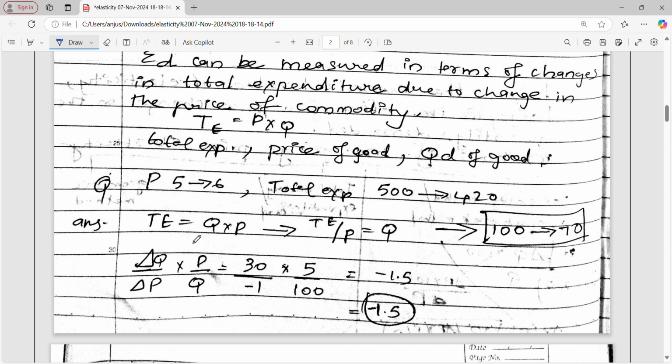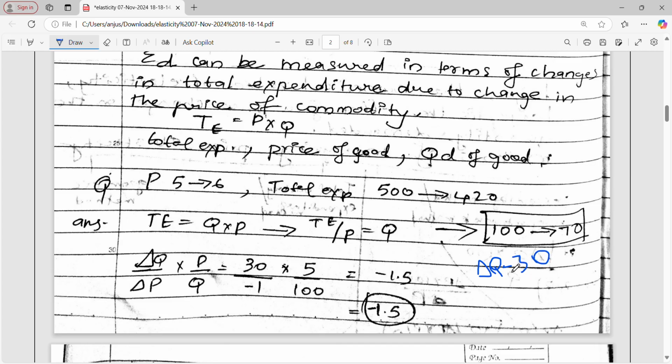So it means that the quantity has decreased, or else the total expenditure won't decrease, right? We know total expenditure is Q into P. That means TE by P gives us the quantity. Here the first quantity will be 500 divided by 5, that is 100, and the new quantity Q1 will be 420 by 6, that is 70. So with that we get delta Q, the change in Q, which is 30.